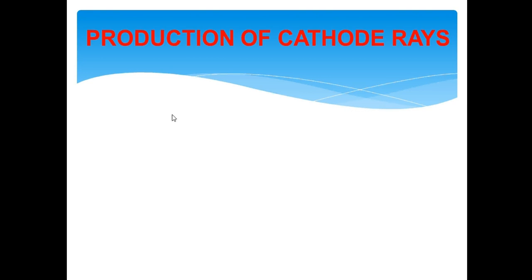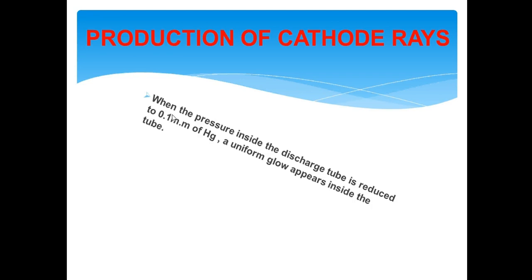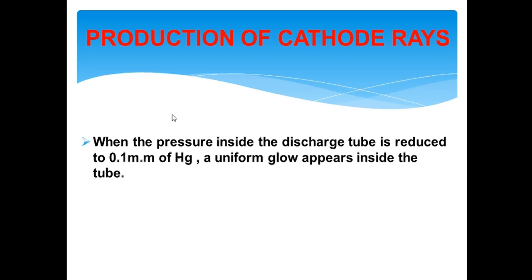Now we are moving towards the third part of our today's lecture, that is production of cathode rays. When the pressure inside the discharge tube is reduced to 0.1 mm of Hg through vacuum pump, a uniform glow appears inside the tube.